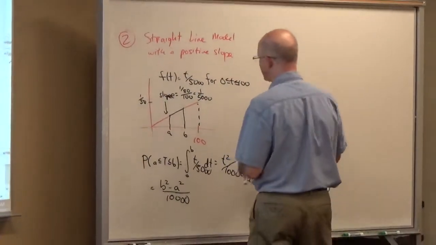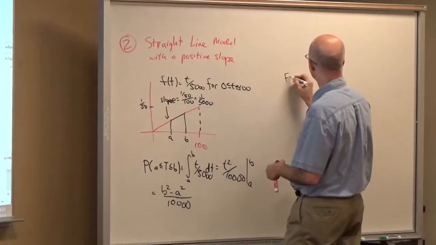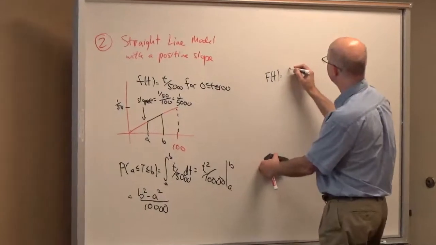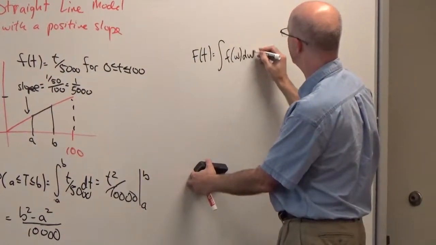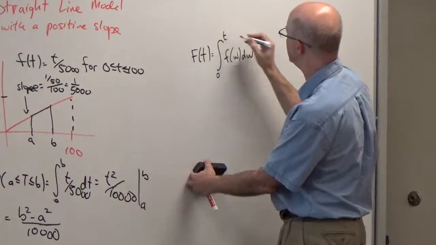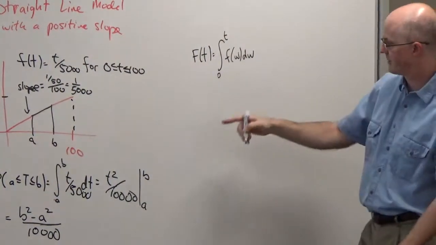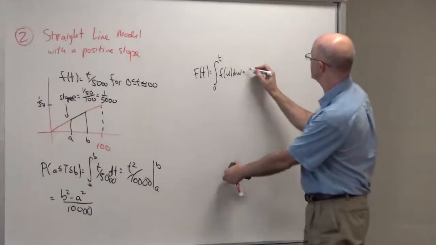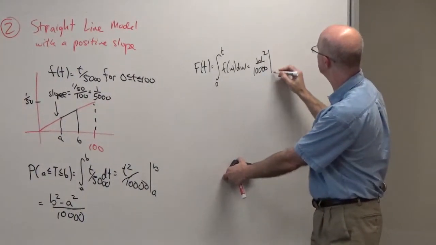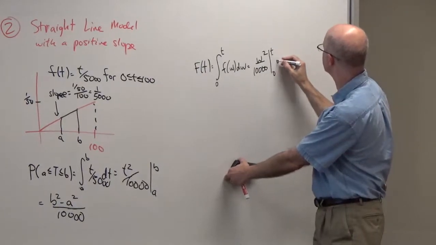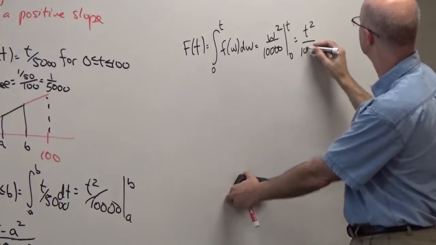What about the CDF? It's the integral of the PDF. Let me use a different letter: the integral of f of w dw as w goes from 0 to t. Antiderivative is w squared over 10,000. You evaluate from 0 to t. You get t squared over 10,000.